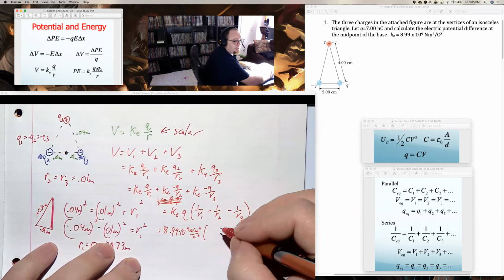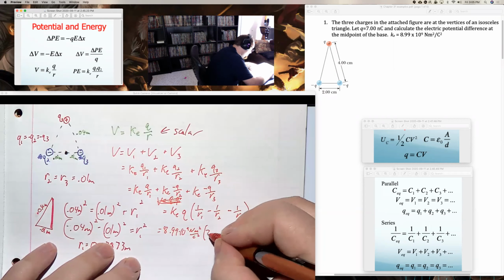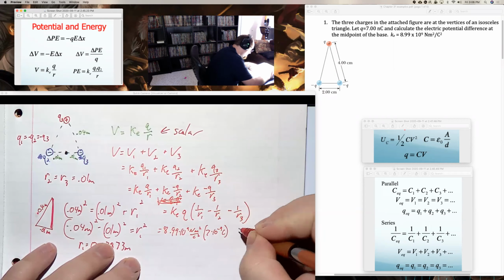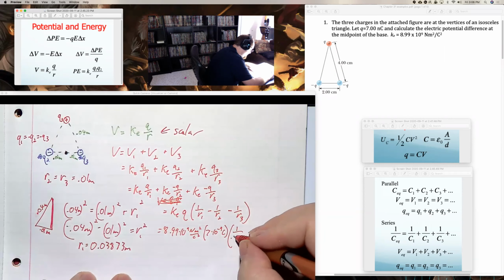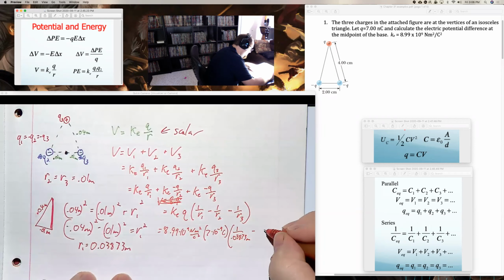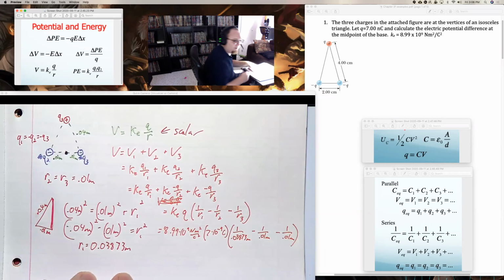Q in this case was 7 nanocoulombs. R1, I said, was 0.03873. R2 was 0.01 meters, and R3 was 0.01 meters.